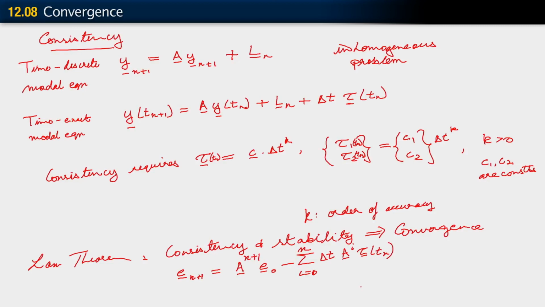Okay, this is the condition that we need to work with for convergence, and everything works out just as we saw for the parabolic problem. It's just that we have to deal with a matrix vector equation and then matrix vector inequalities here, but things essentially work out. Using what we know about stability and what we have written out for consistency, we can prove that the limit of E n plus 1 equals 0 as delta t tends to 0.